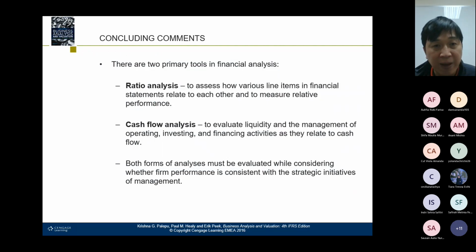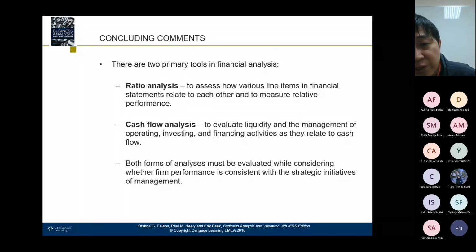So concluding comments. There are two primary tools in financial analysis: ratio analysis and cash flow analysis. Ratio analysis is to assess how various line items in the financial statement relate to each other and to measure relative performance.